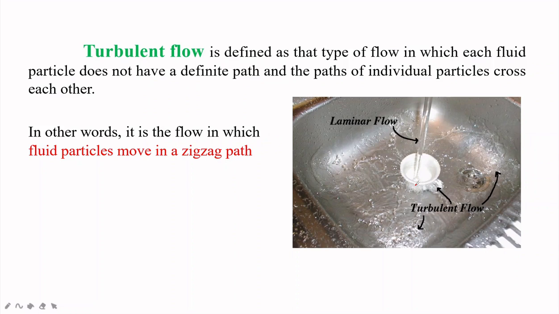So the eddies formation takes place. Whenever the fluid particles move in a zigzag way, eddies formation takes place, which is responsible for high energy loss. Here in the wash basin it is okay, but in a power plant, whenever we are producing power from the water, these eddies, this water current, will affect the turbines.